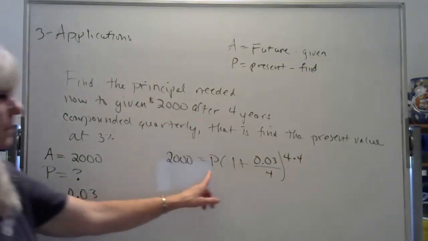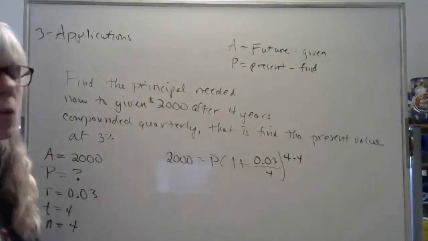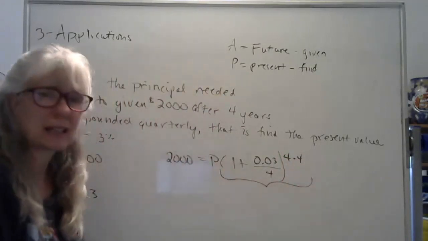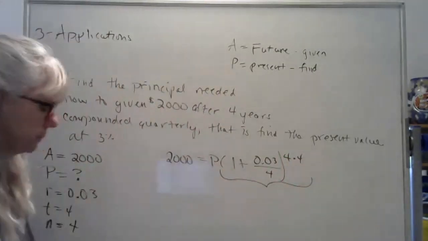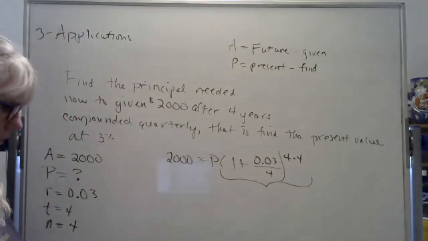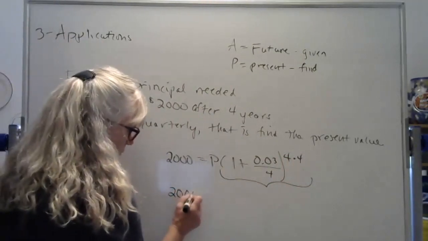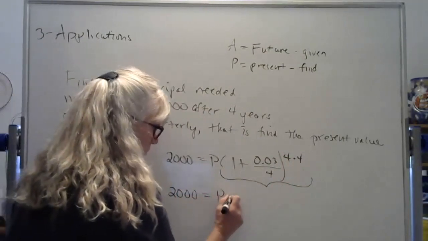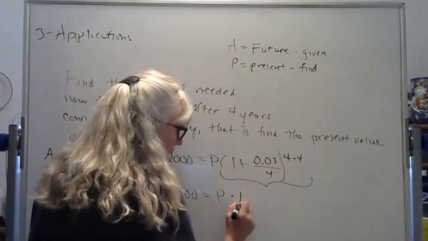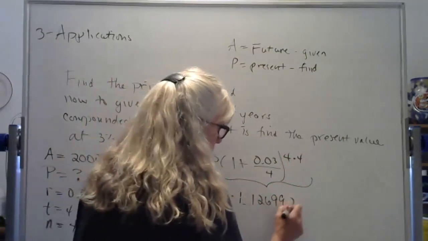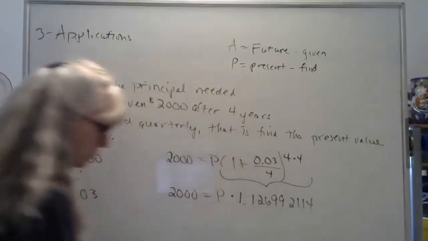And we need to solve this for P. So what I would do is take all of this and make it into a decimal on my calculator. And if I do that, I get 1.126992114.